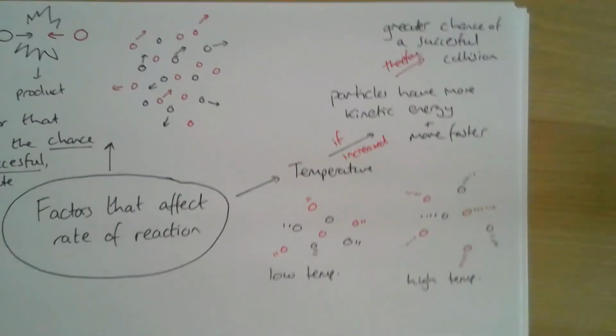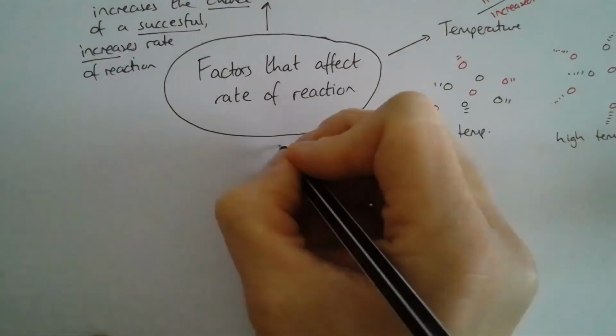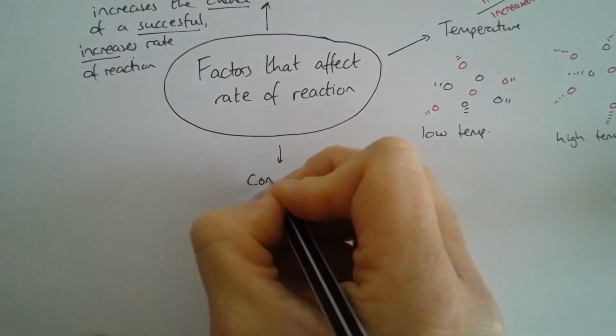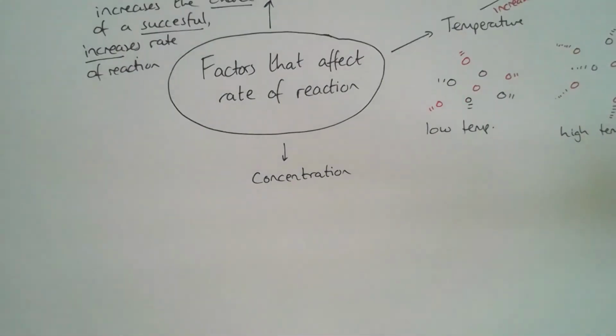The other one that we're going to look at in this video is concentration. There are 3 other factors as well, but we're largely going to deal with those in separate lessons because we don't want to overload. So let's have a look at concentration in this one. So concentration is how many particles there are in a given volume.